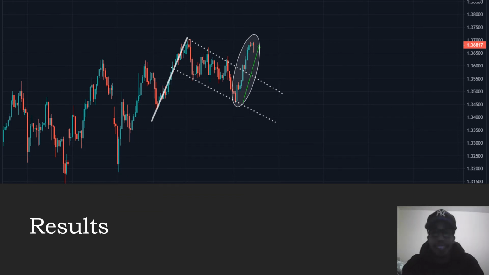As you can see in this example, it did exactly that. We had the consolidation area where it then bounced up to this top zone, broke out of the flag, retested, then continued on.